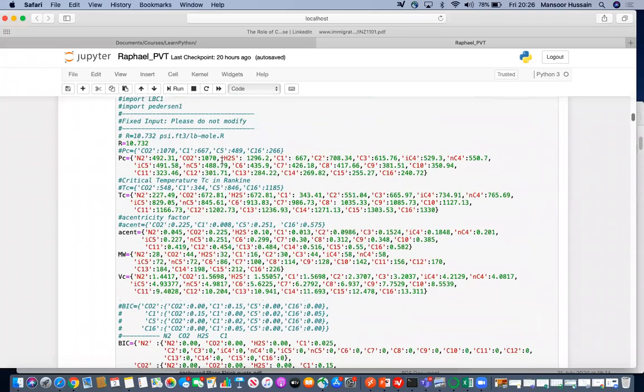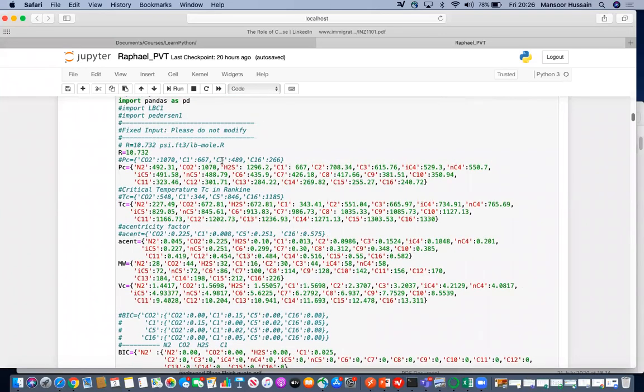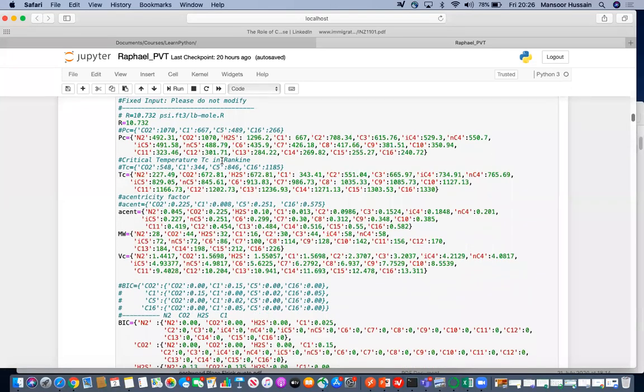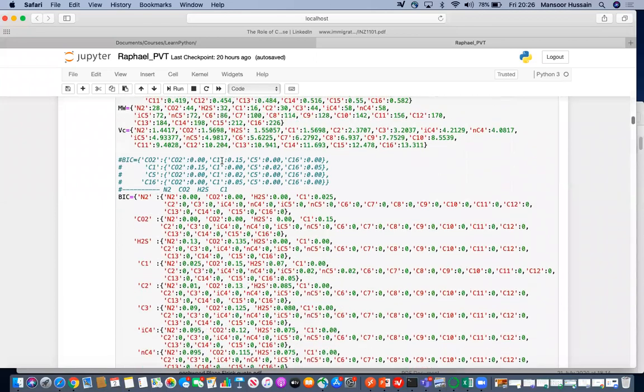May I suggest that if you want to add to it, that's fine, but just be careful, because it's very easy to mess this up. If you're going to make a copy, and then want to add more components, or play with the molecular weight, temperature, or critical temperature, I will show you a way of doing it separately, differently.